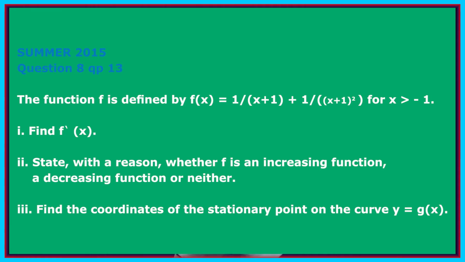I, find the first derivative of x. II, state with a reason whether f is an increasing function, a decreasing function, or neither. III, find the coordinates of the stationary point on the curve y is equal to x.